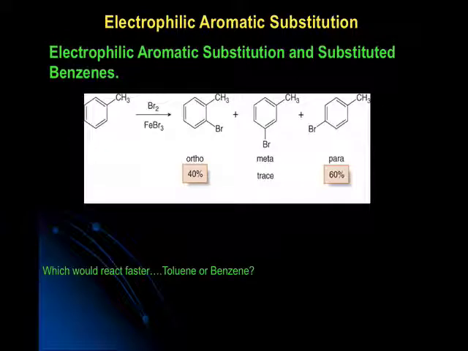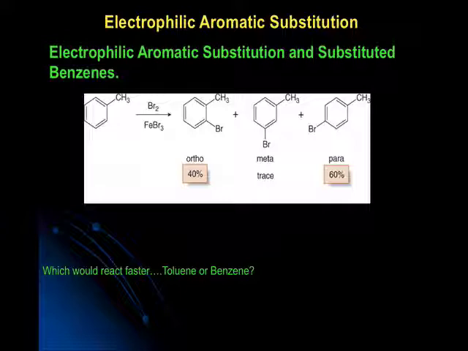Okay? And so if you look at this experiment where they take toluene, they take bromine and iron tribromide, we're going to do an electrophilic aromatic bromination. We do the reaction, and what we find is that about 40% of the reaction product mixture is orthobromotoluene.